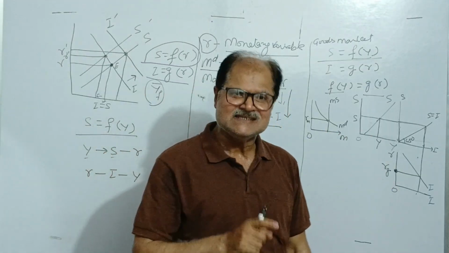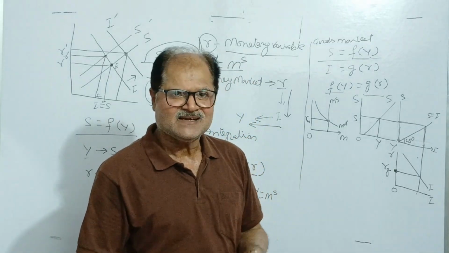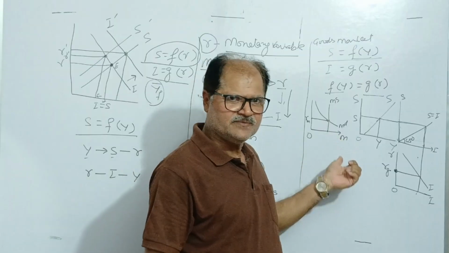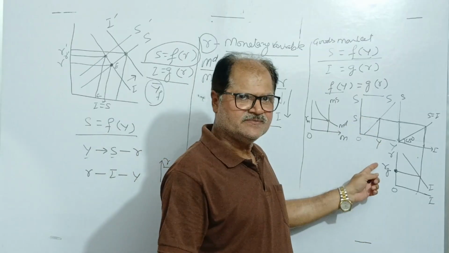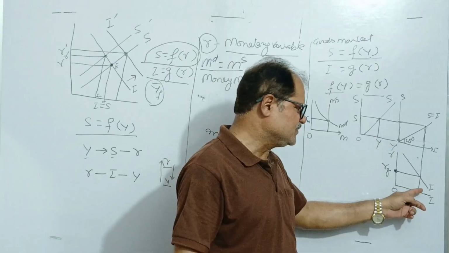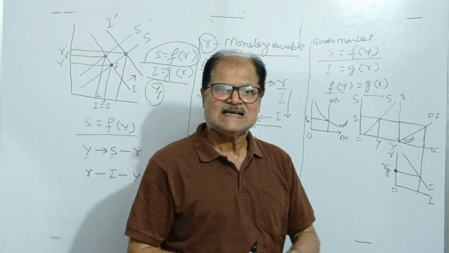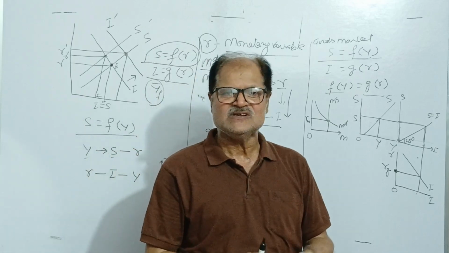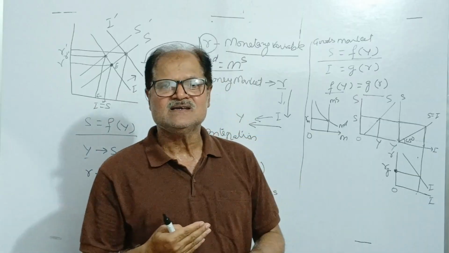So even in Keynesian system, we have circular reasoning that in money market, rate of interest depends upon income. In goods market, saving depends upon income, and investment depends upon rate of interest. So here again, we find that rate of interest influences income and is also influenced by income.